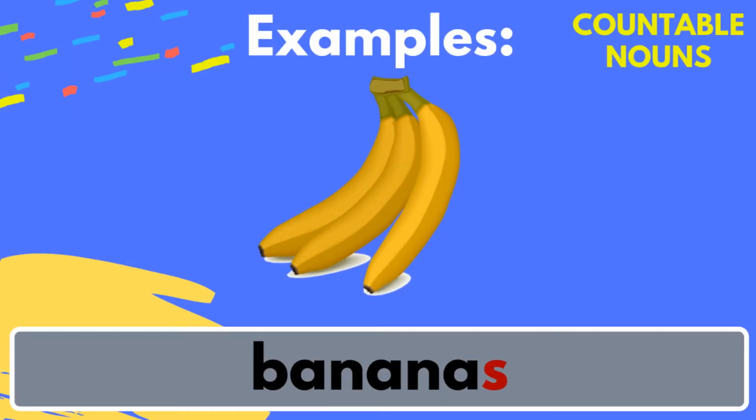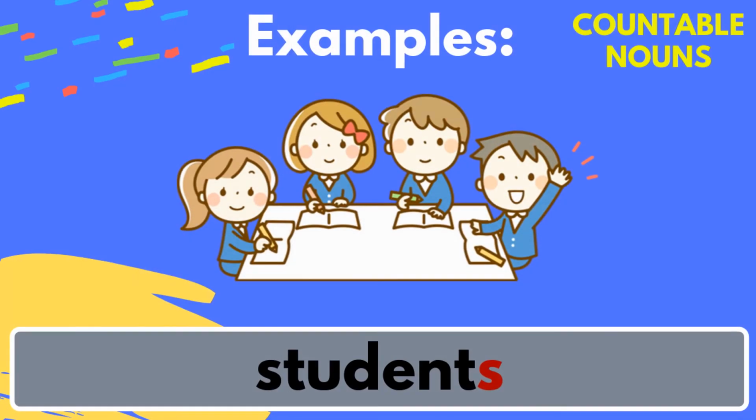Next, how many bananas are there? We have 1, 2, 3. We have 3 bananas. If it is just only one, we say banana. Another example, we have 1, 2, 3, 4. We have 4 students. So we say students.